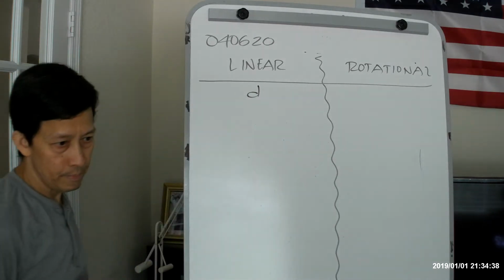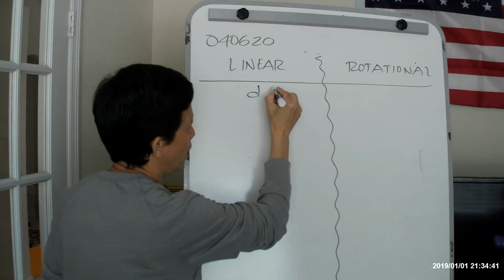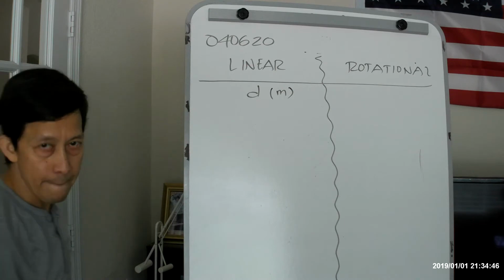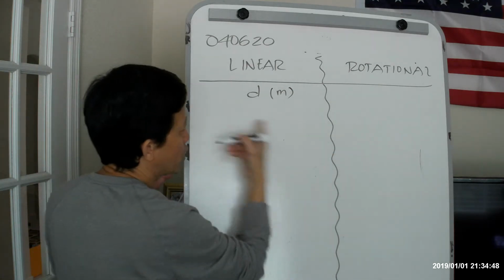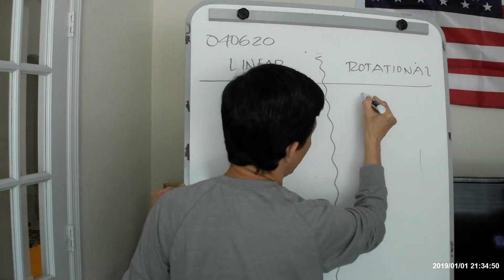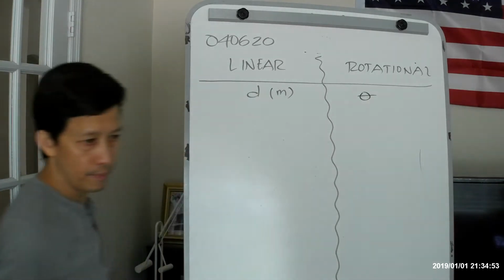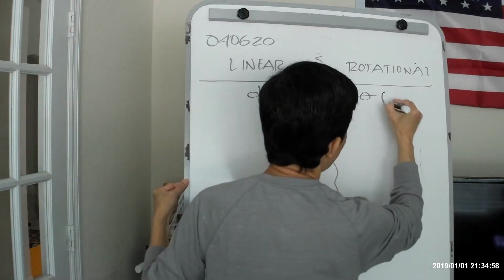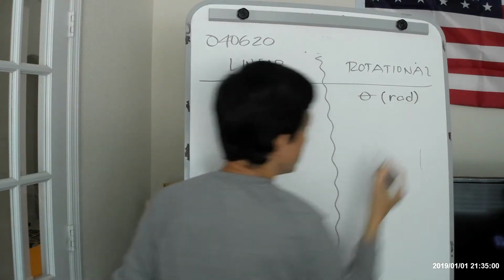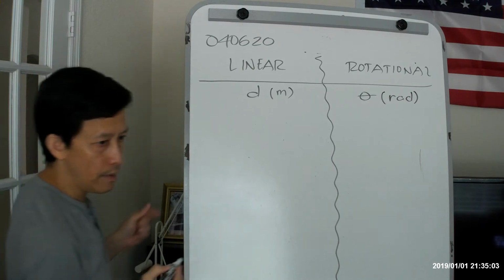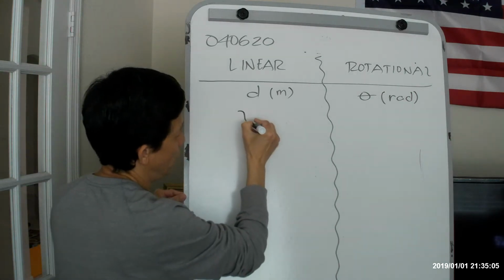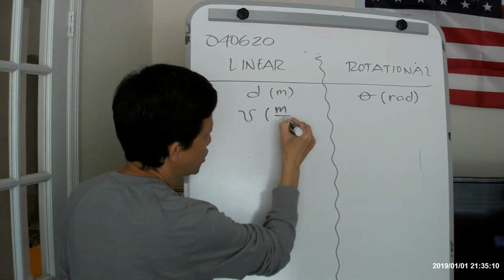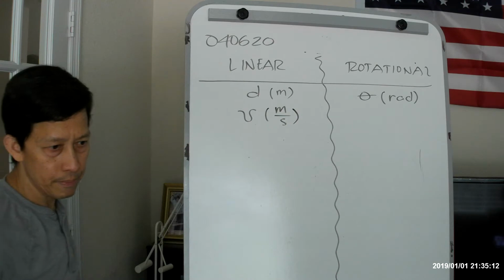Displacement, or distance, we express this in meters, right? Now for rotational, your distance turns into theta, which we measure in radians. Okay? Now your velocity or speed is in meters per second for linear.